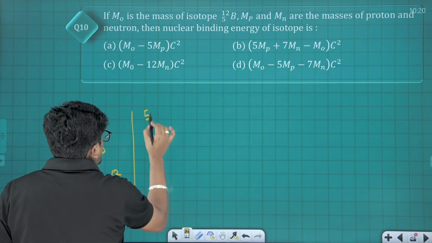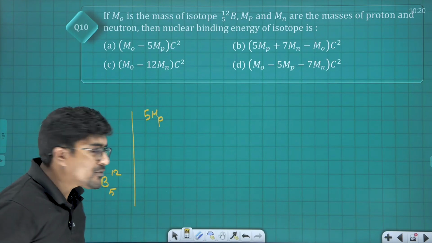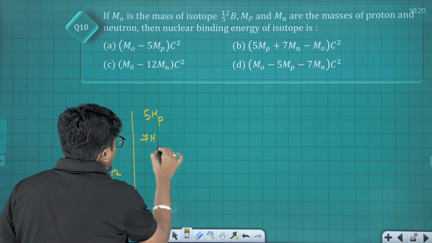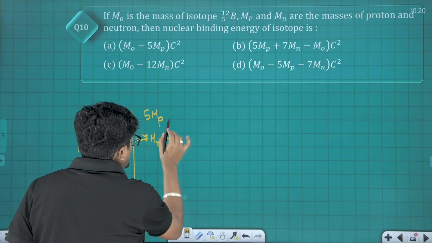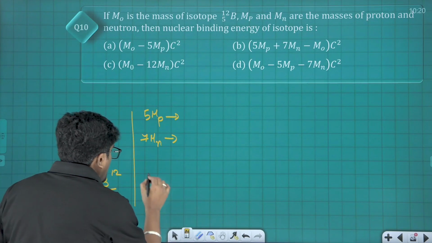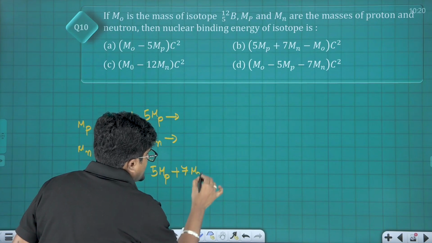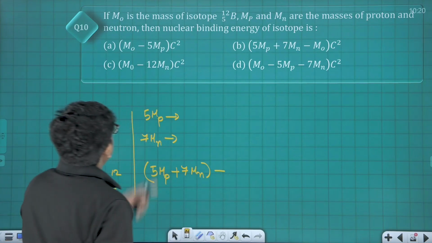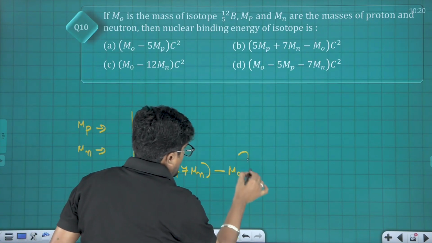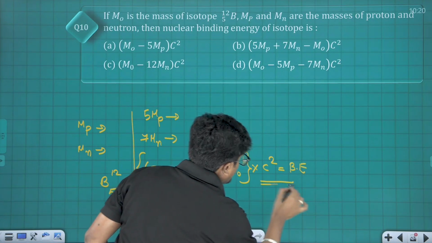Now, how many protons are here? 5 protons are here. So mass of proton is going to be 5 times M suffix P. And how many neutrons are here? Definitely 12 minus 5, so 7 times M suffix N. So the mass of the constituent particles is 5 times M suffix P plus 7 times M suffix N, minus the mass of the isotope, M suffix O, into c square, that is going to be the binding energy.